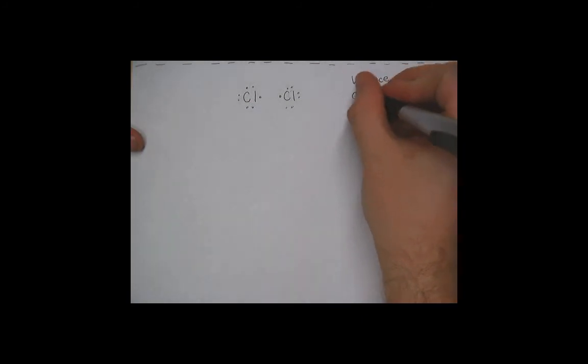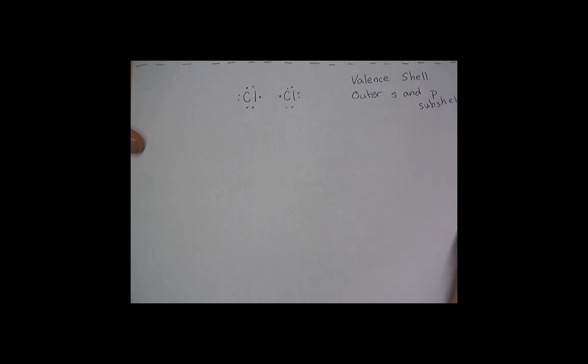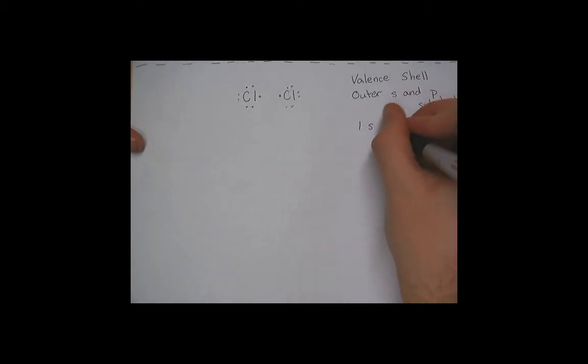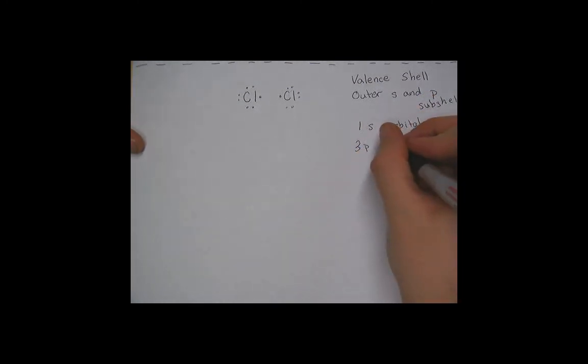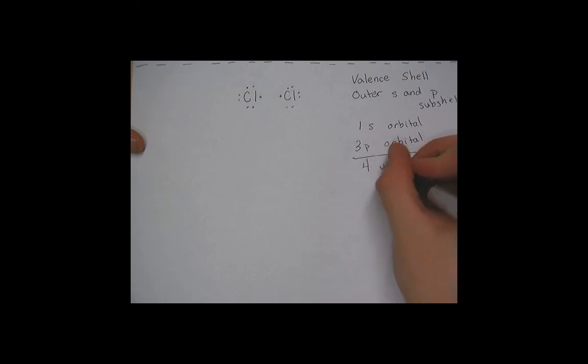Valence electrons are outer s and p, so they're the outer s and p subshells. An s subshell has one s orbital. A p subshell has three p orbitals, which means there are four valence orbitals.